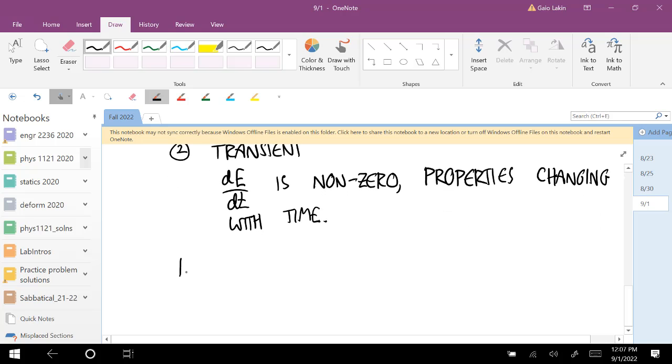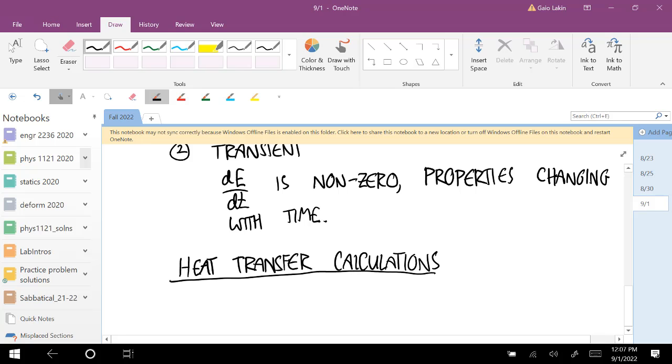So now we're going to talk about heat transfer calculations. There are three modes of heat transfer.